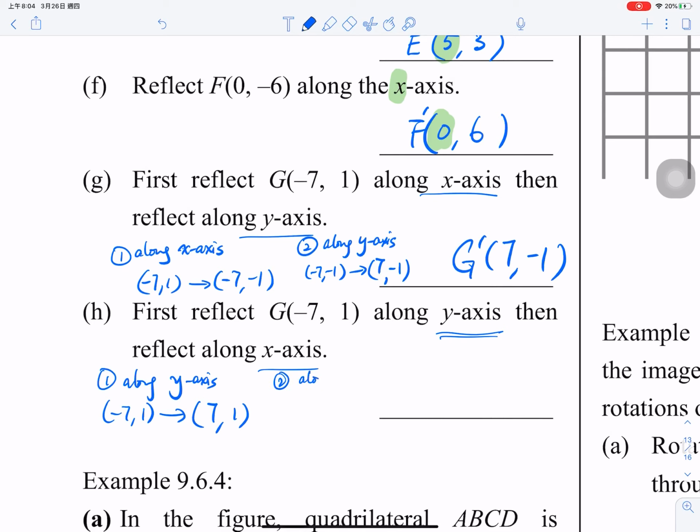Second, along x-axis, so (7, 1) becomes, keep x and then -1. So (7, -1). So G's image, you see that, we have the same result. That means if we have two reflections along x-axis and y-axis, the order will not affect the result. Okay, if only reflection. Okay, you can have a look once again.